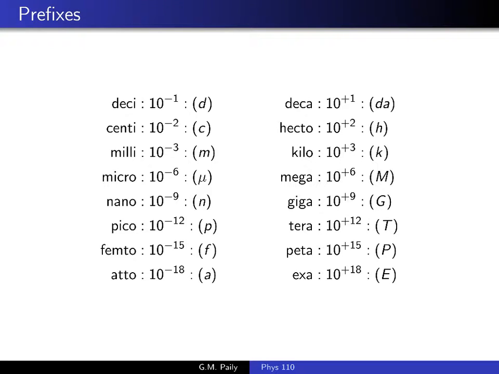As you can see, when dealing with certain multiples of the fundamental units, meters, kilograms, and seconds, we have certain prefixes. So a centimeter, for example, deals with 10 to the minus 2 meters. A micrometer is 10 to the minus 6 meters. A teranewton is 10 to the 12 newtons, and so forth.